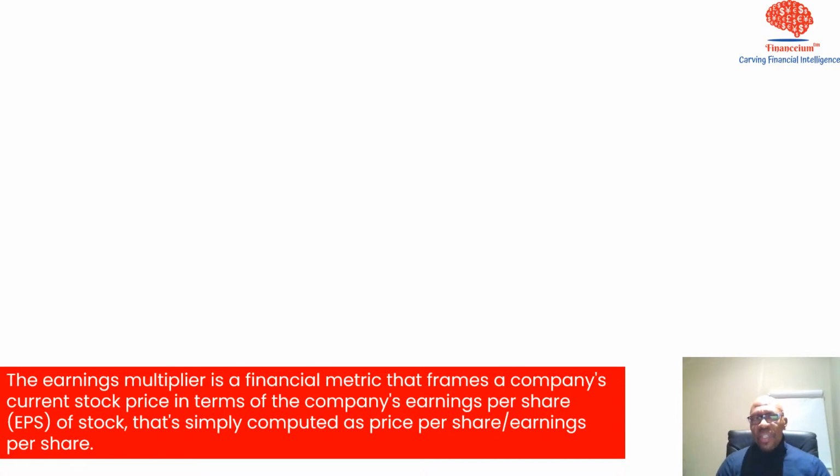While in the previous video we looked at times revenue, here we want to delve deeper and go to the earnings per share, having accounted for the efficiency from the top line to the bottom line. And the formula you use to calculate this model is the price per share divided by the earnings per share.